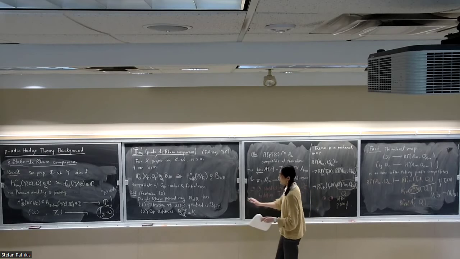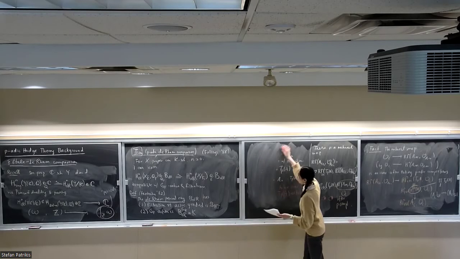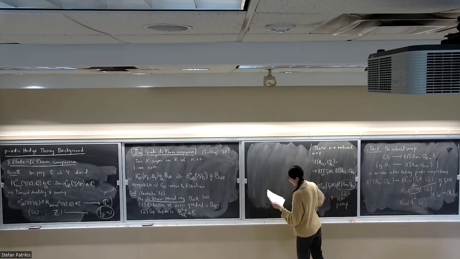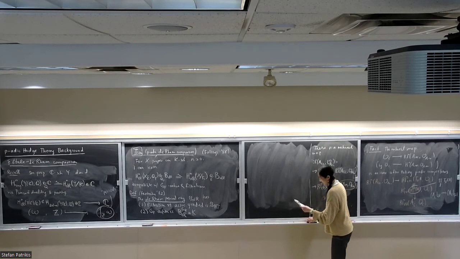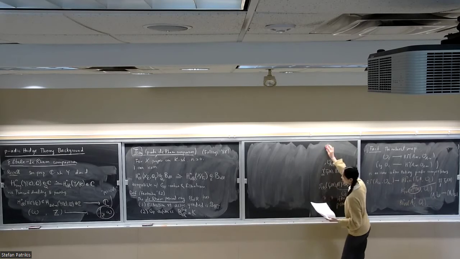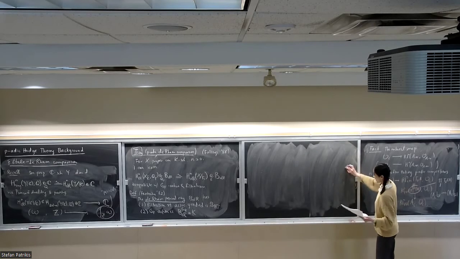Great. Right. What I wanted to say about B-dR before we get into the construction is also to define this functor D-dR that I think Sasha will use later.